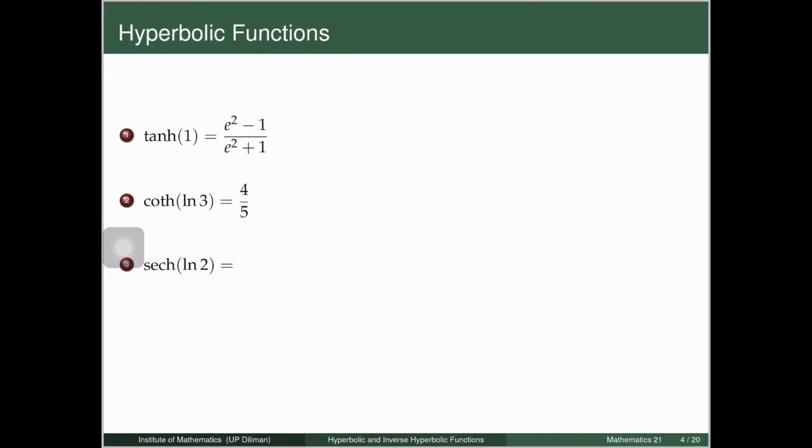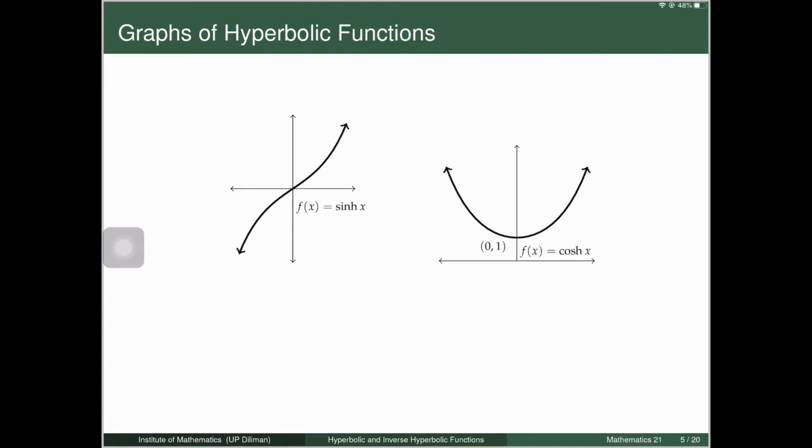Sech of ln 2. So actually, kung ginawa natin yung cosh ln 2, madali na dapat ito. Okay, pero using definition, you get this is also 4 over 5. And lastly, csch of 1. This is 2e over e squared minus 1.